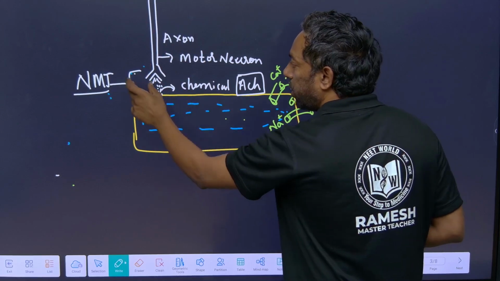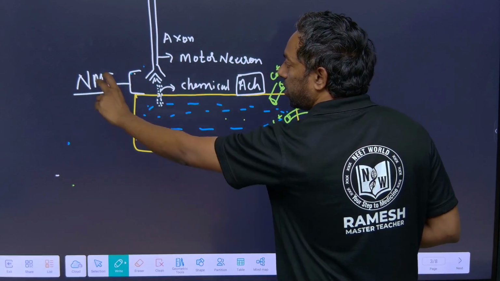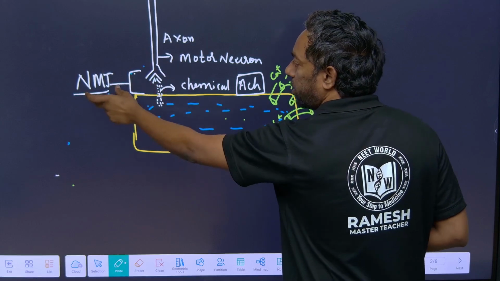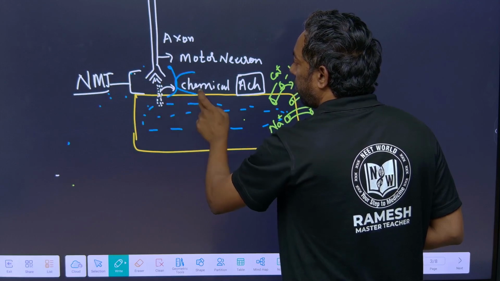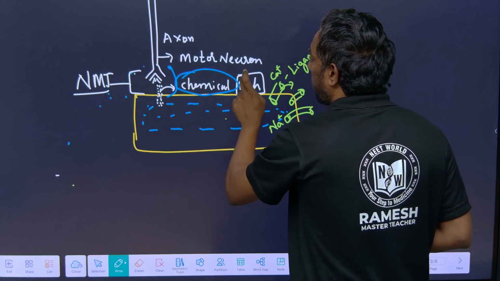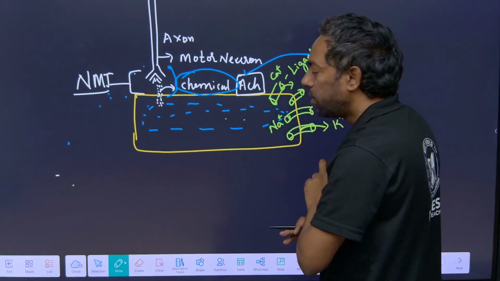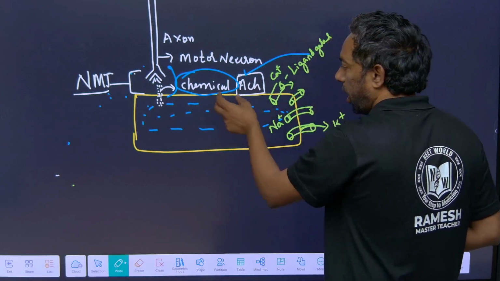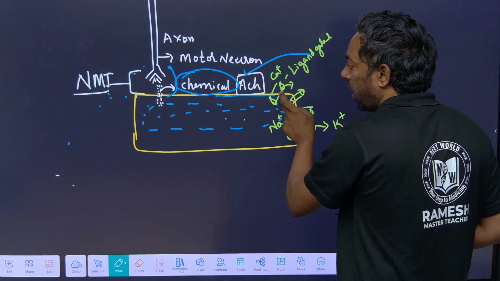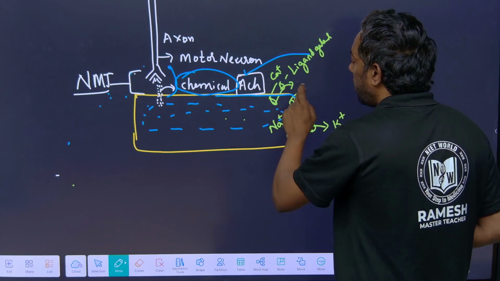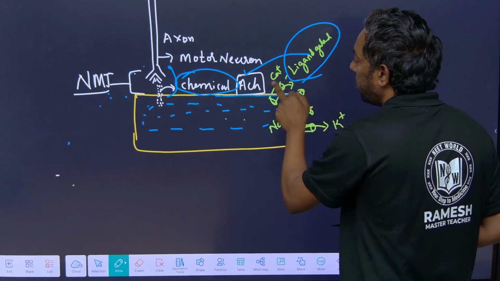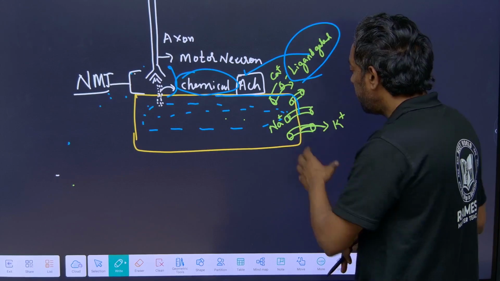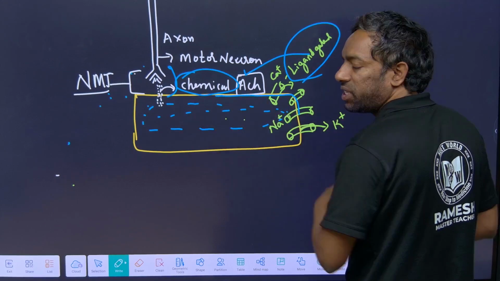There is a junction between the neuron and muscle cells, the neuromuscular junction. In this gap a chemical is released, acetylcholine. When acetylcholine acts on the muscle layer, it opens the ligand gated channel and calcium ions are released. These calcium ions are involved in muscle contraction.